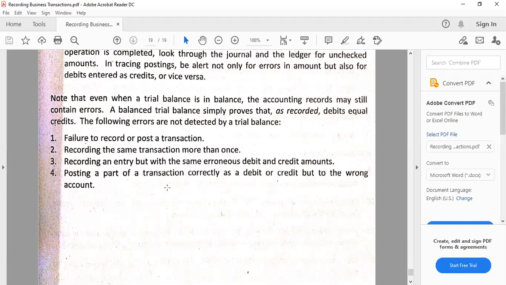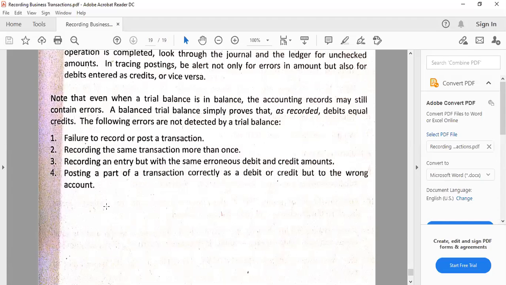Well, in that case, the trial balance would still be equal. Third is recording an entry but with the same erroneous debit and credit amount. So wrong debit and credit, but recorded as such. So let's say instead of debiting accounts receivable and crediting income, we debited cash and then credited capital. If we posted and prepared the trial balance, still the two sides would be equal.